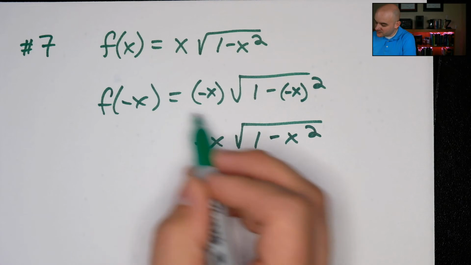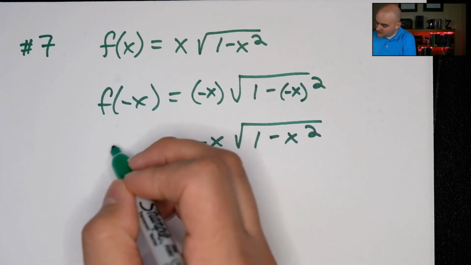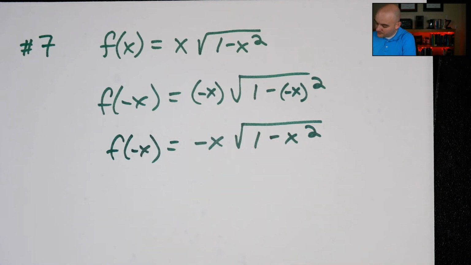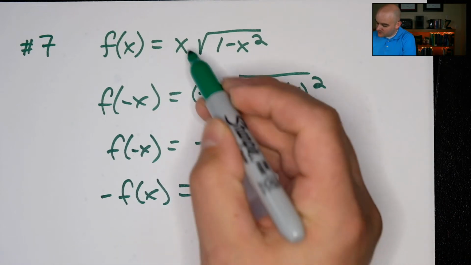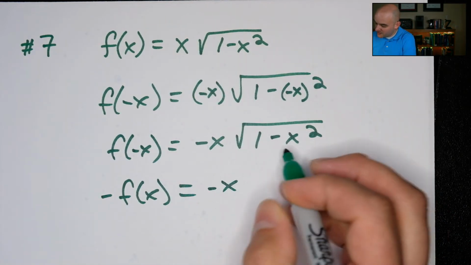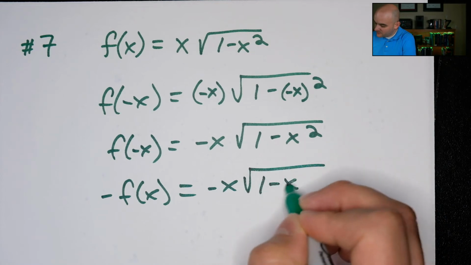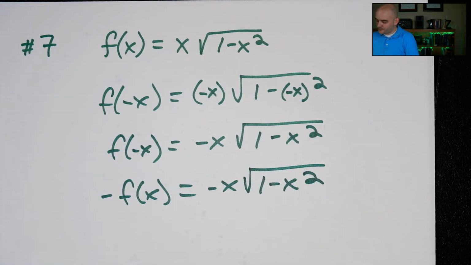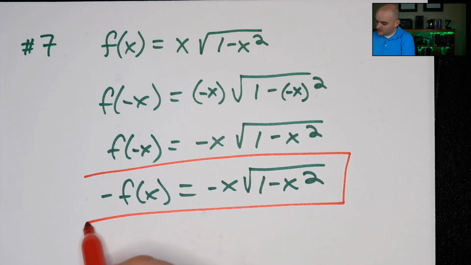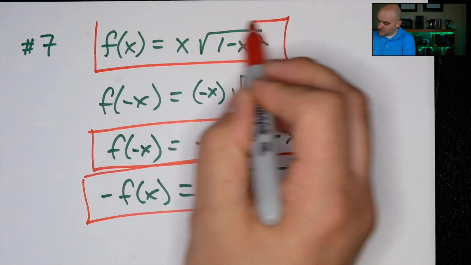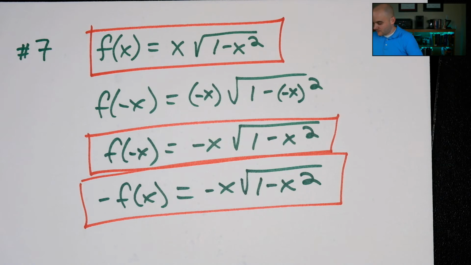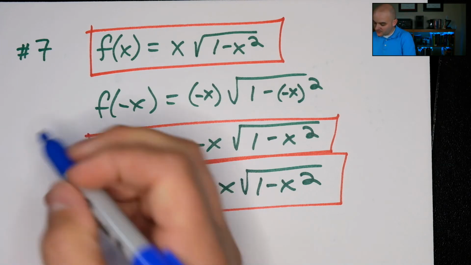And so this is f of negative x. And then the negative f of x equals, multiply each one of these by a negative. I get this right here. All right, we said number 7 was an odd function.